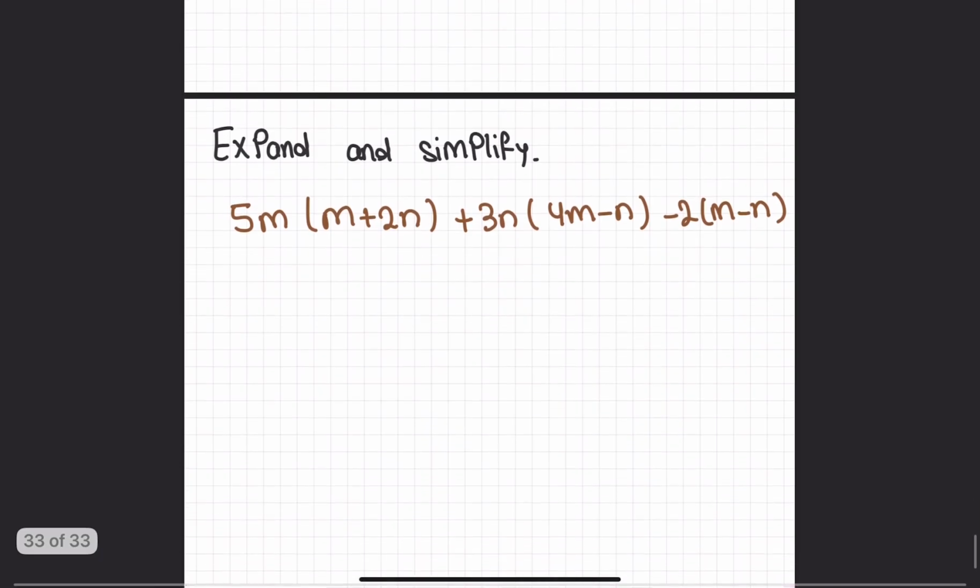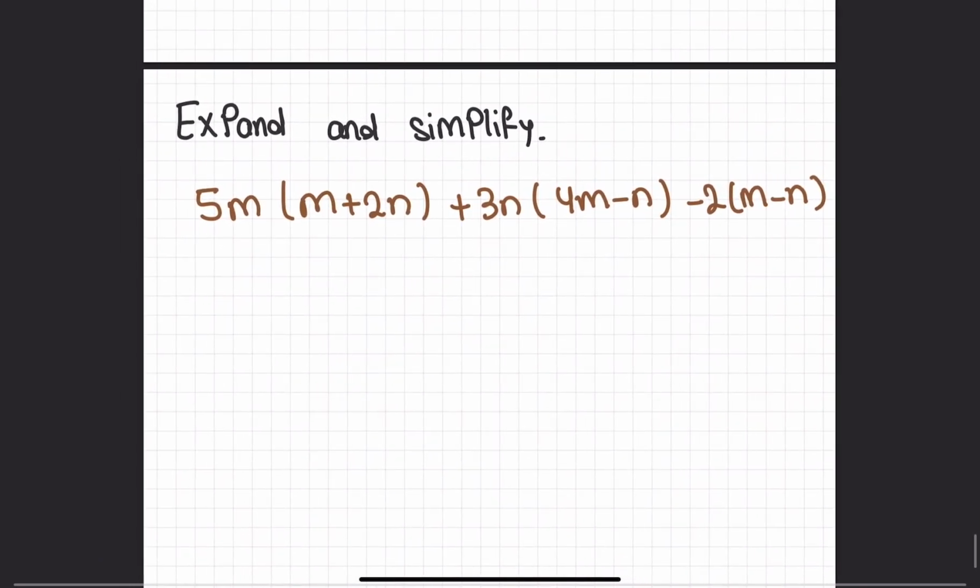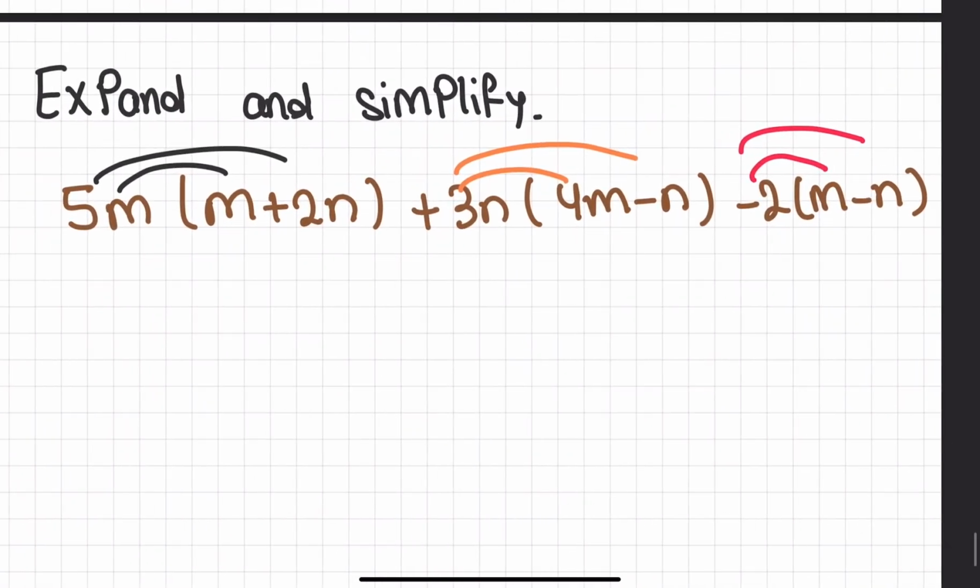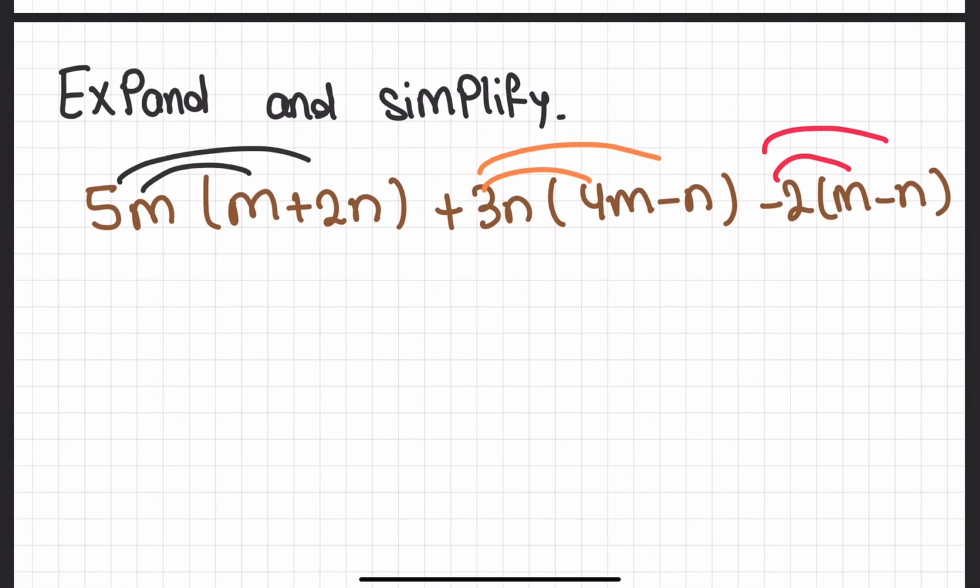And the next question, it says expand and simplify. So let's do it together. So 5m is going to be multiplied by the whole bracket. Here 3n is going to be multiplied by the whole bracket, and here -2 is going to be multiplied by the whole bracket. So 5m times n is 5m squared. 5m times 2n, so it's going to be 5 times 2, which is 10.